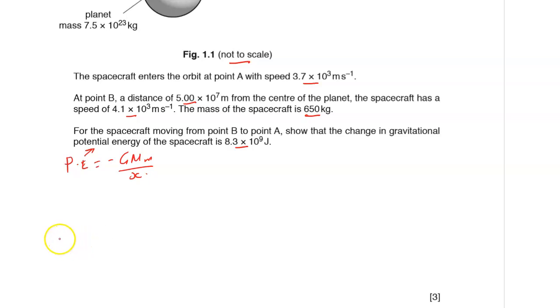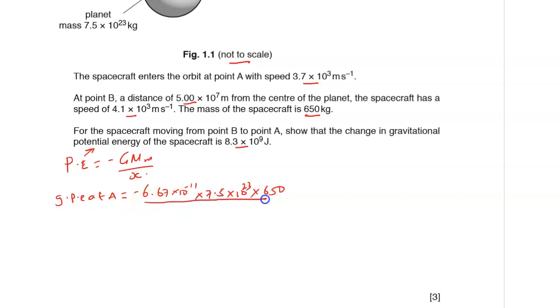And we can get the gravitational potential energy at A, which is going to be, using this equation, 6.67 times 10 raised to the power minus 11 times the mass of the planet, 7.5 times 10 raised to power 23, times the mass of the spacecraft, which is 650.